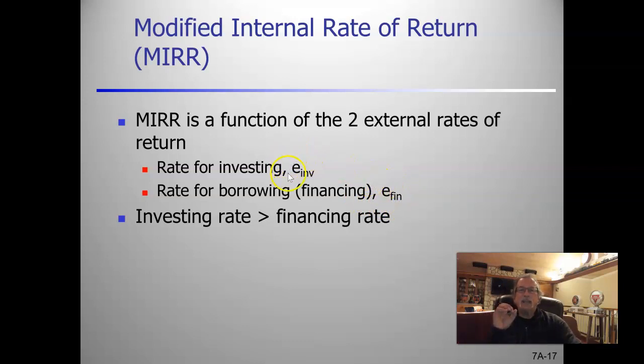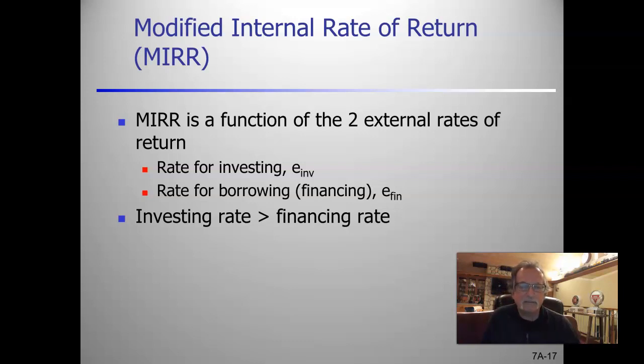If you use the same rate for investing and borrowing, and that's your minimum rate of return, the modified internal rate of return function will be the same as the external rate of return calculation.